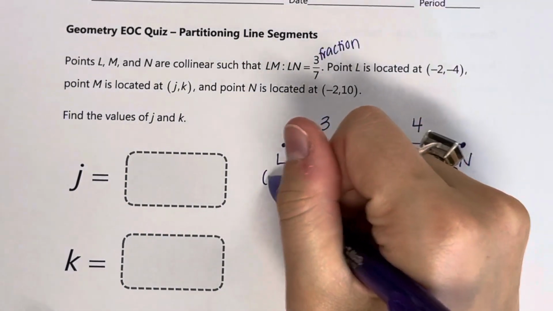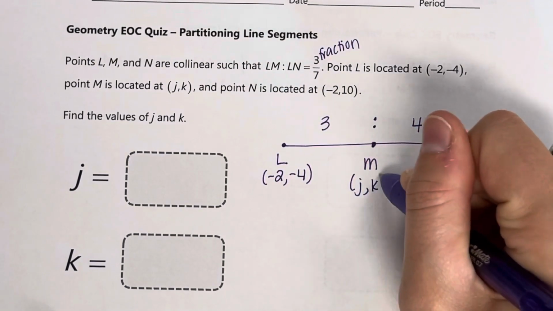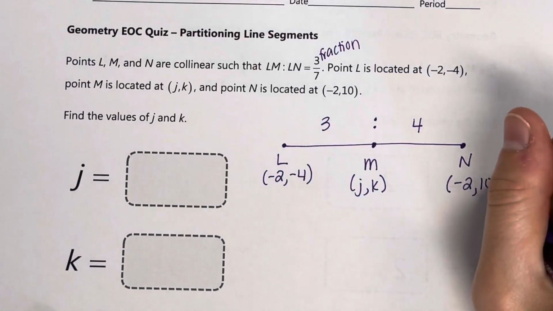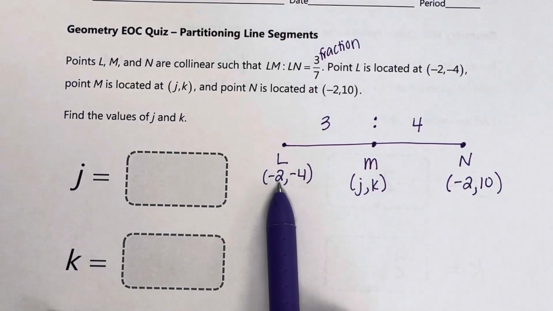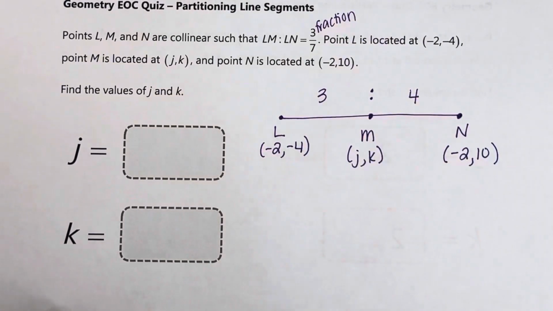L is at -2, -4. I don't know what M is at, so I'm going to put JK. And then N is at -2, 10. So I've got my first, my middle, and my last point. And now I'm going to solve each one. I'm going to start by just looking at the X coordinates, which in this particular problem are the J's.